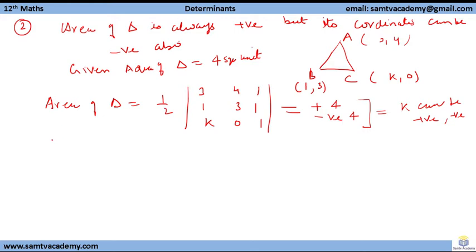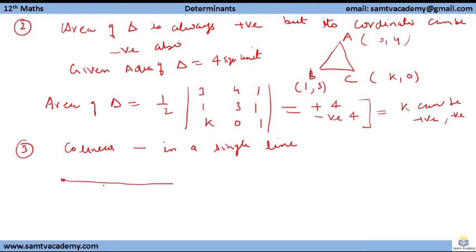And the third concept here is this: if you are given 3 collinear points. Collinear means in a single line, meaning 3 points are lying on a single line.